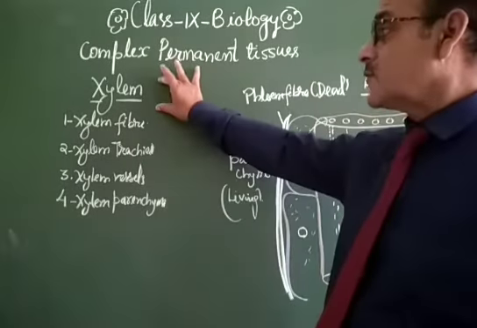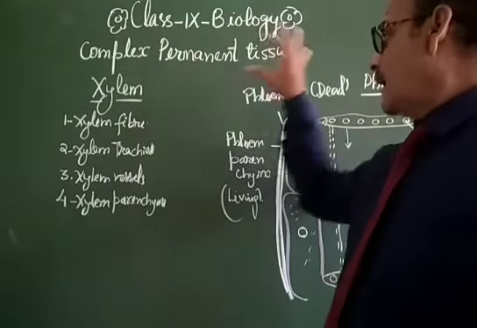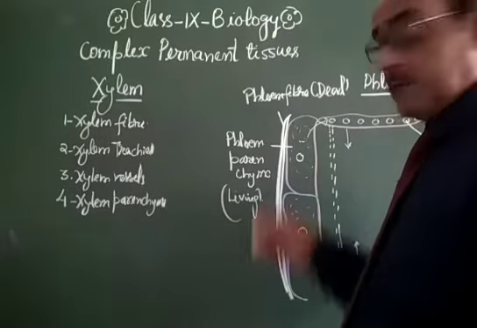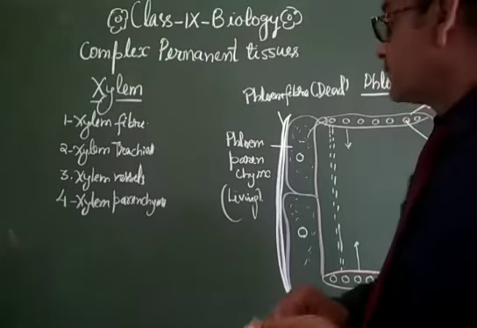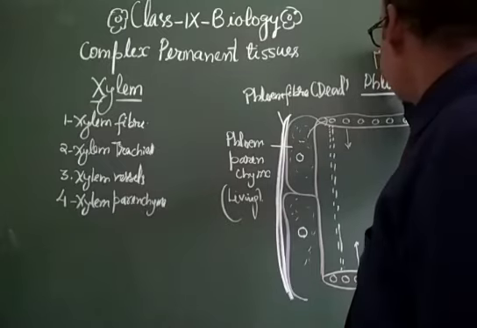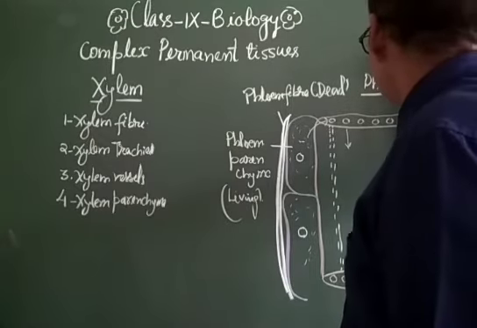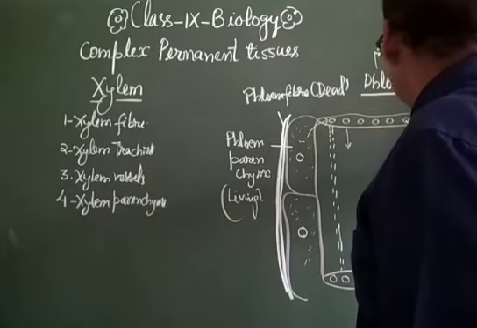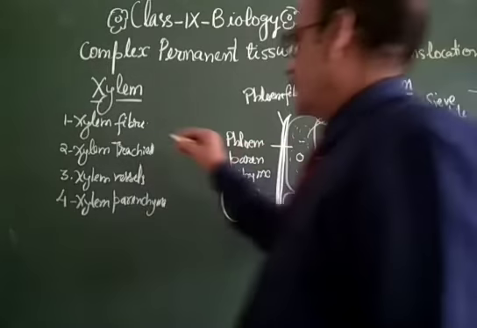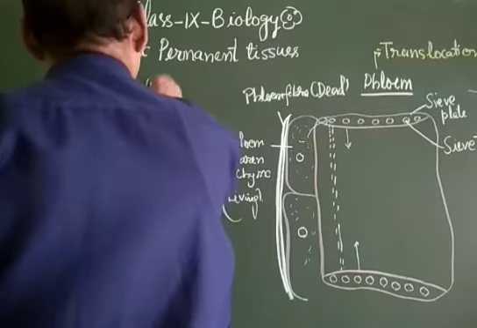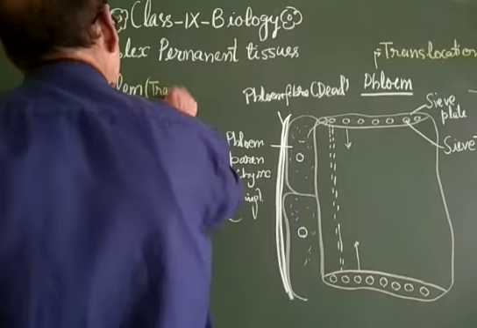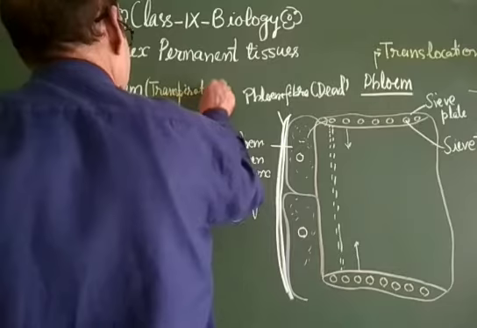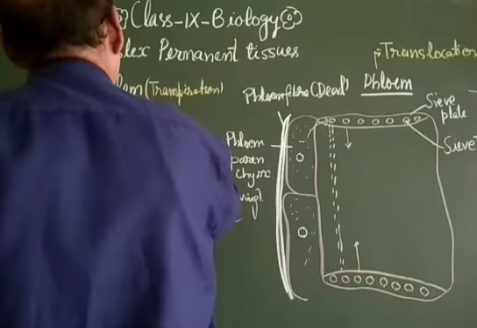So that job is done by the xylem, and translocation is done by the phloem. So you can mark it. Phloem means translocation, and xylem means transpiration and transport of water.